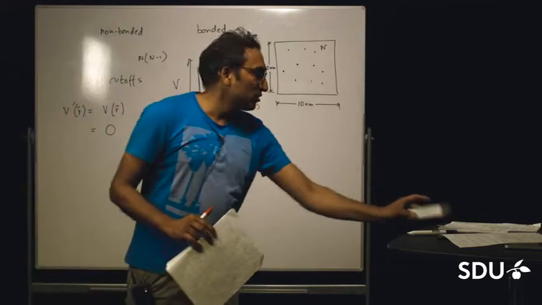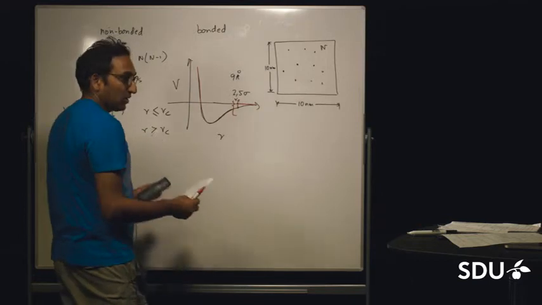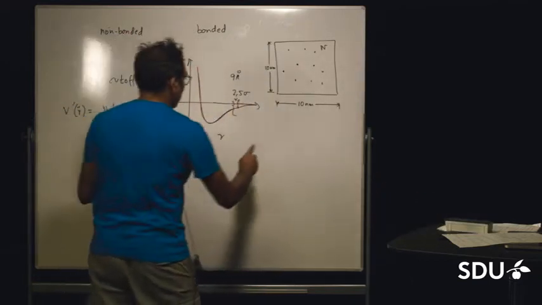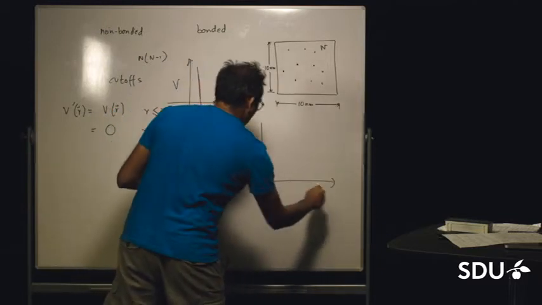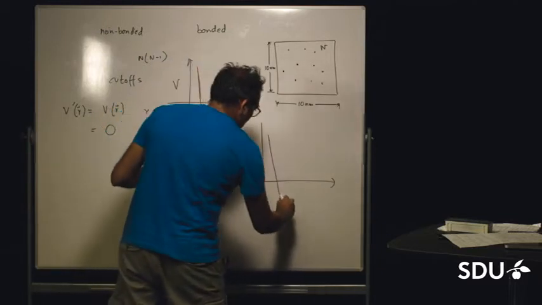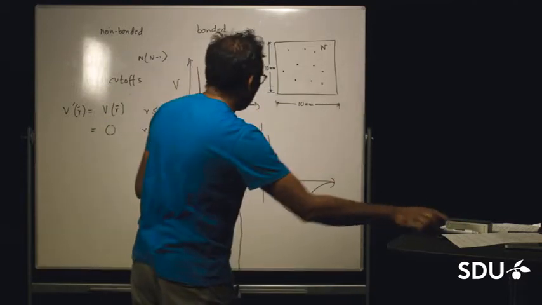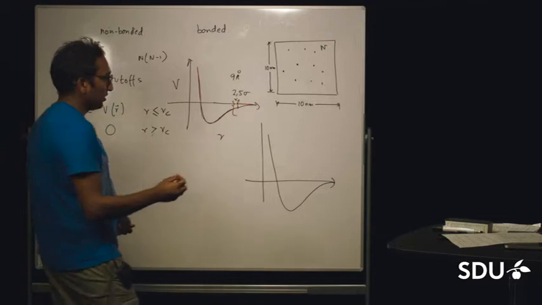One way of doing this is the following. So, let me draw these curves again. So, this is the actual Lennard-Jones potential, and what I can do now is shift the curve up.